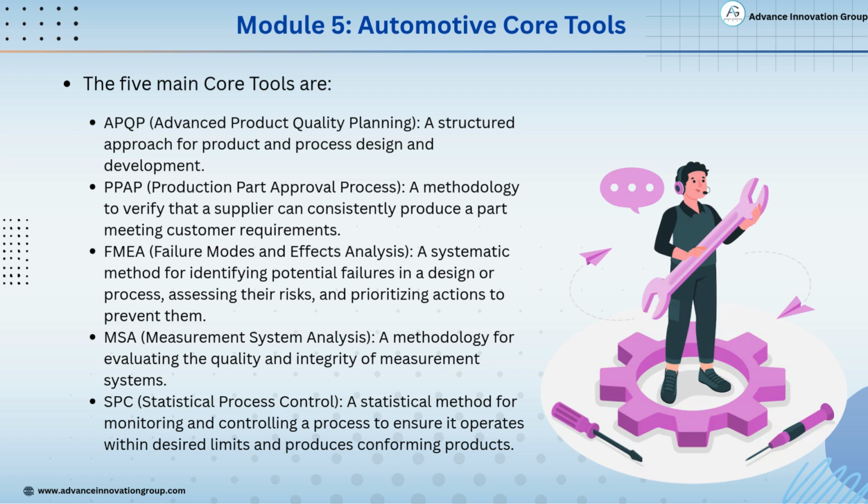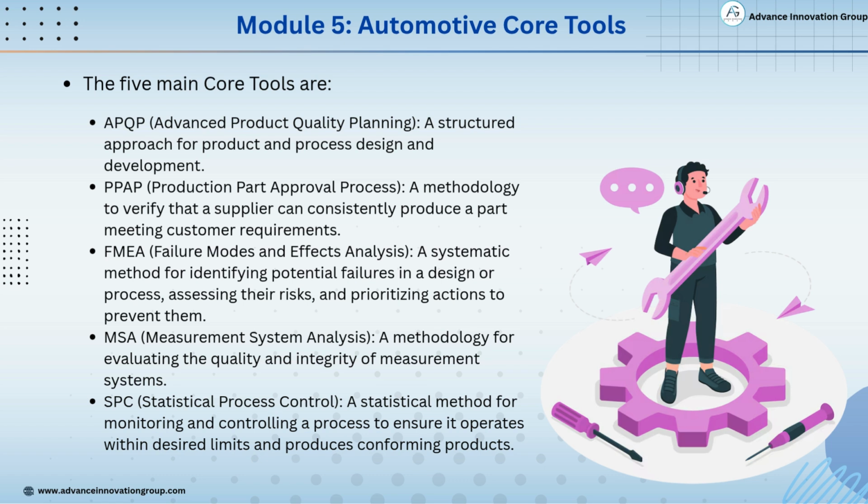This slide introduces the 5 main automotive core tools which are essential in the automotive industry for ensuring consistent quality and compliance with IATF 16949. Let's briefly go through each. 1. APQP, Advanced Product Quality Planning.